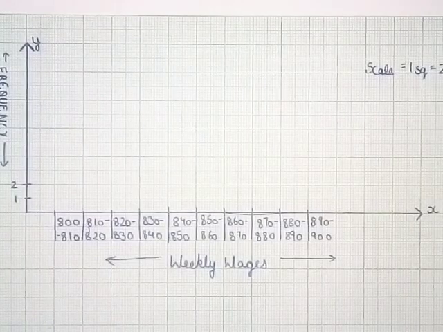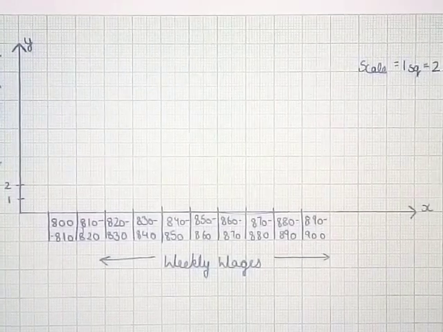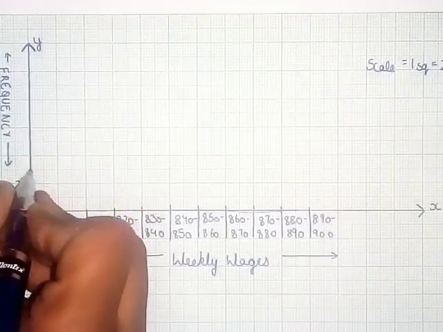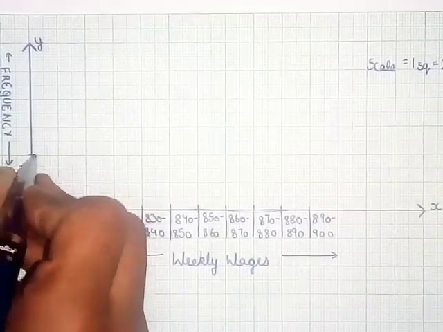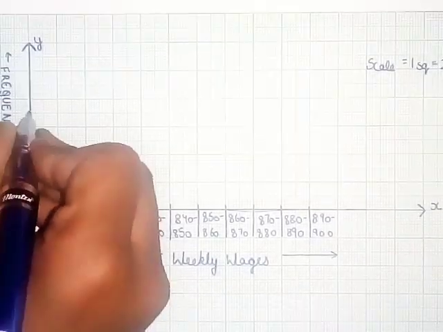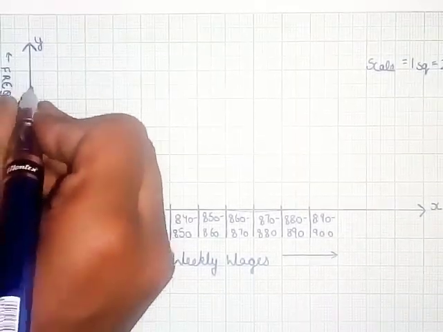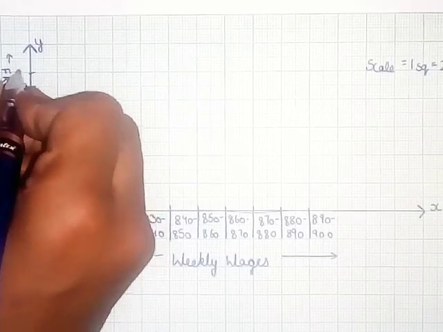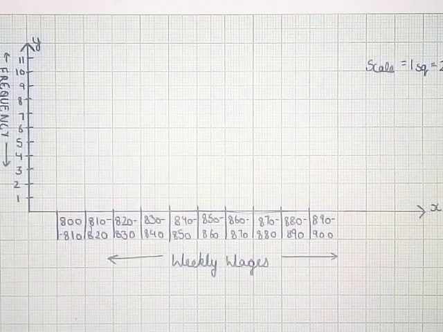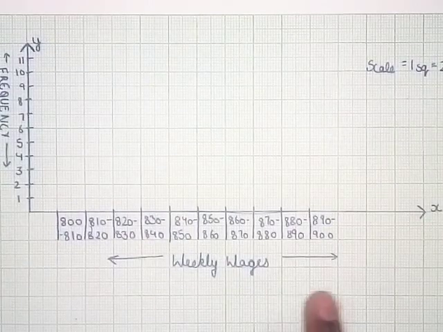We have to write our scale here. 1, 2, 3, 4, 5, 6, 7, 8, 9, 10, 11. We have marked all these.